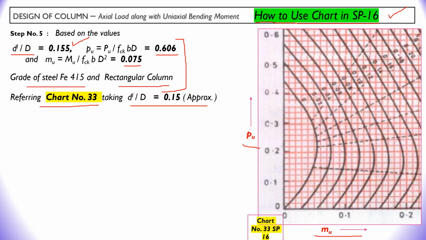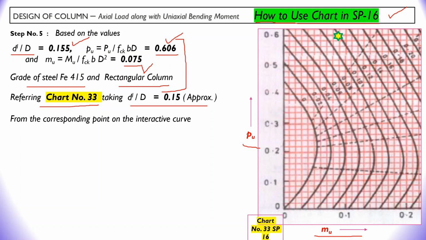That is the value of small mu. So from this chart, based on the data which we have, that is pu is equal to 0.606 and mu is 0.075, we have to select where these 2 points are getting intersected.